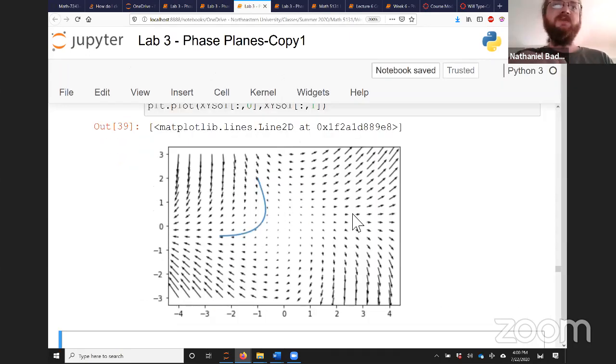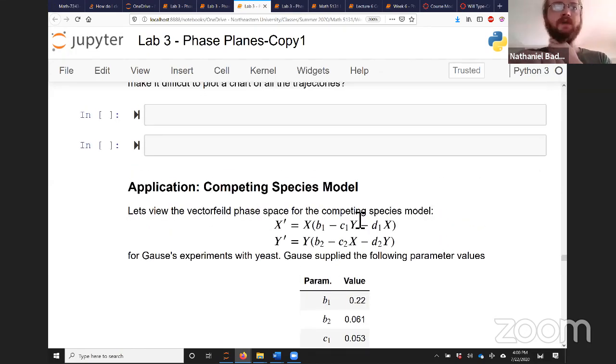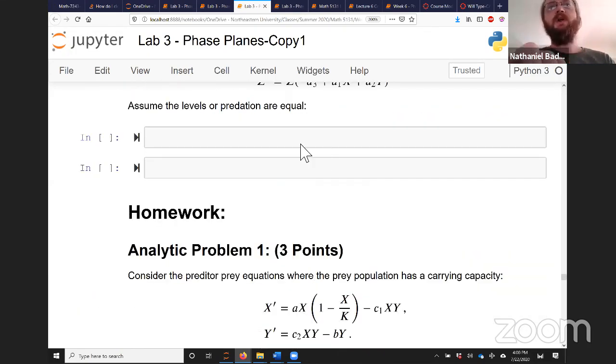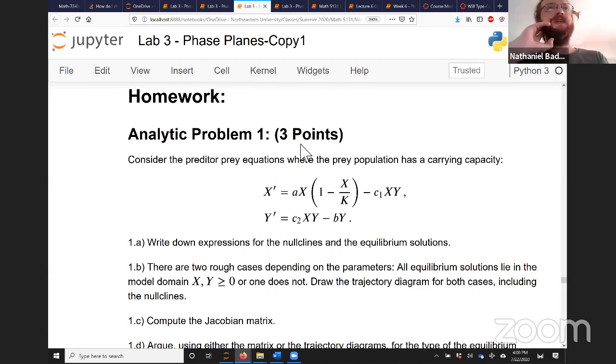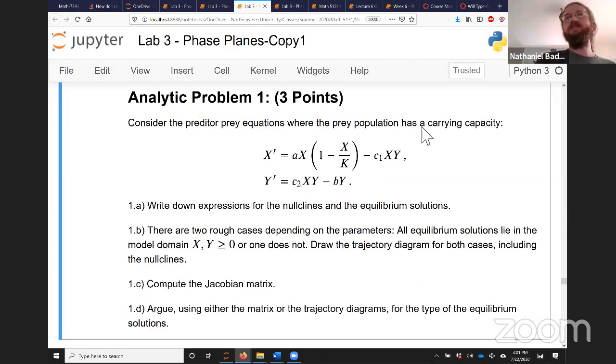And just in the last minute, what I want you to do here, what the homework is going to consist of, is two parts. The first part is going to be looking at the predator-prey equations where the prey population has a carrying capacity.